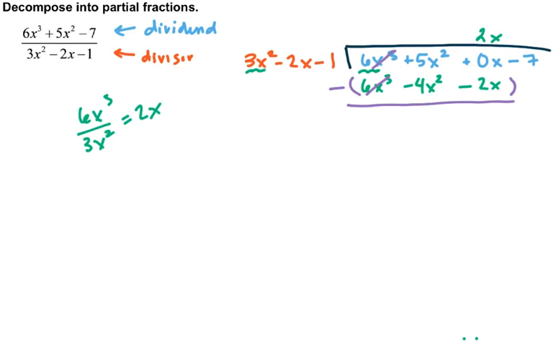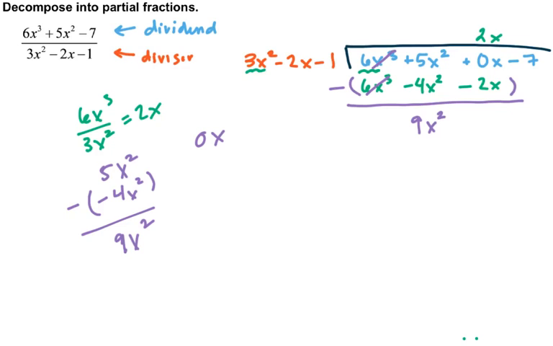The first two terms cancel, and then I have 5x squared minus negative 4x squared, which gives me a plus 4. I have 9x squared. And then 0x minus negative 2x gives me a positive 2x.